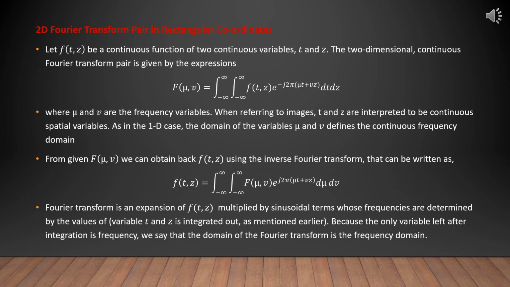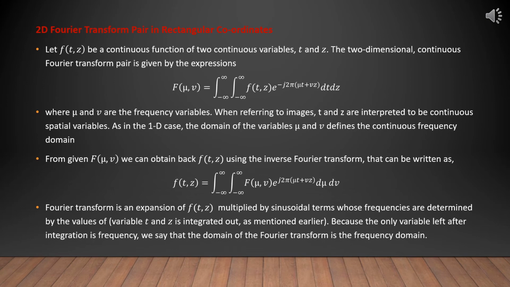Similarly, we can define the inverse Fourier transform: given capital F of nu comma v, we can obtain back small f of t comma z, which is equal to the integral over nu from minus infinity to infinity and the integral over v from minus infinity to infinity of capital F of nu comma v e power j 2 pi into nu t plus vz, d nu dv. So the Fourier transform is an expansion of f of t comma z multiplied by sinusoidal terms whose frequencies are determined by the values of the variables, with t and z integrated out as mentioned earlier.